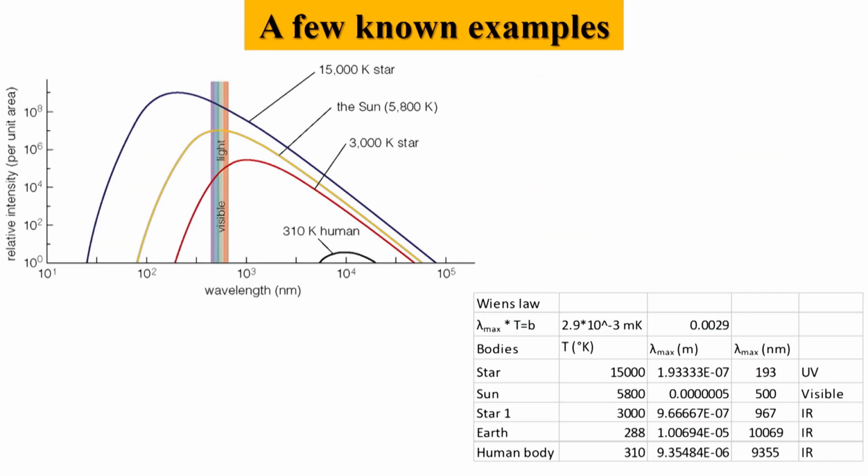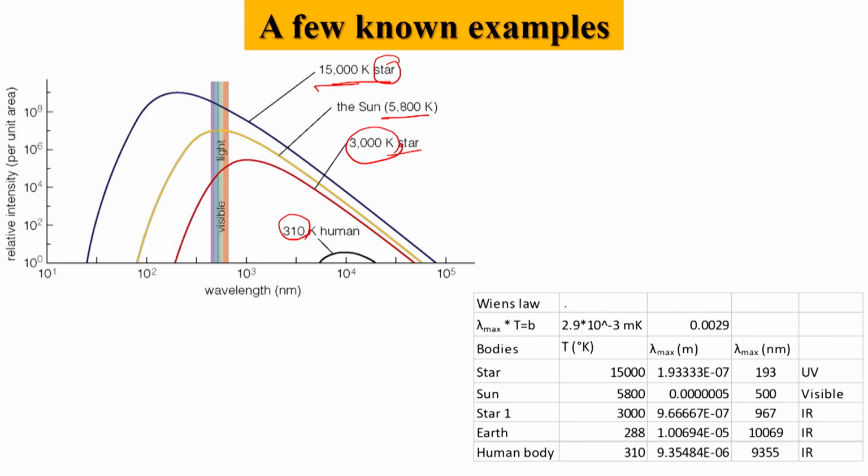Here are a few known object examples: a star emitting at 15,000 Kelvin, the sun emitting at around 5800 Kelvin, another star emitting at around 3000 Kelvin, and a human emitting at about 310 Kelvin. You can see how much the wavelength would be.